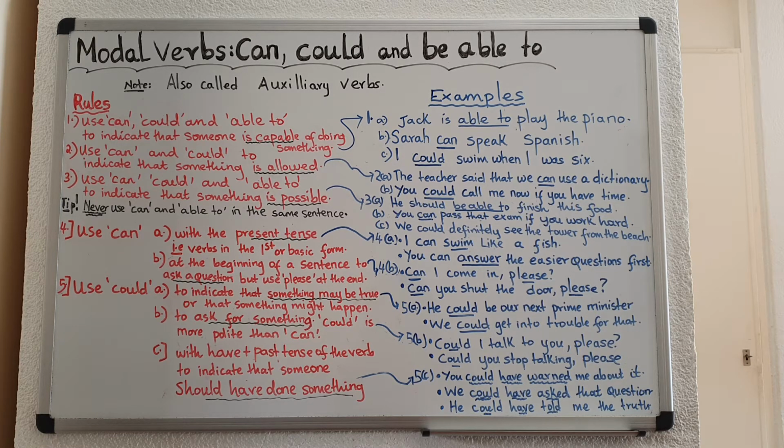Sarah can speak English. So once more in that sentence, you're trying to say that somebody can do something, that somebody is capable of doing something. Sarah can speak Spanish. Example C. I could swim when I was 6.